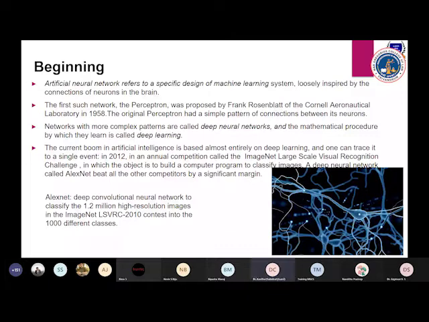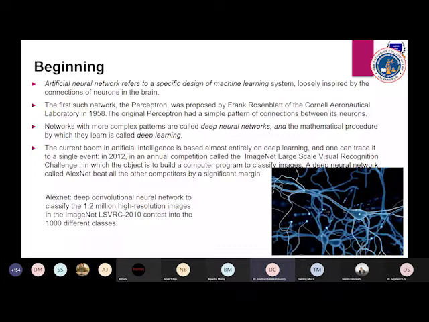The AI-enabled machines were given a huge amount of data in the form of images, and the algorithm was supposed to identify the visual images using a neural network. One program called AlexNet managed to classify 1.2 million high resolution images into 1,000 different classes.